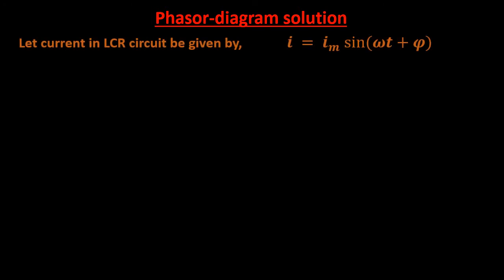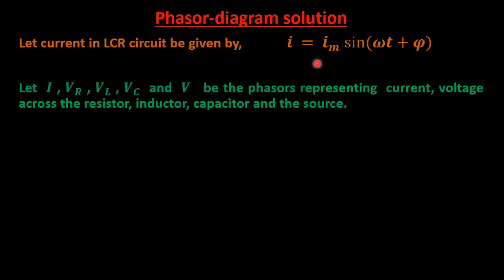Let us consider that the current flowing in the LCR circuit is given by I equals Im sin(omega t plus phi). This phi represents the phase difference between the current and the voltage. In order to draw the phasor diagram for the LCR circuit, we need to define phasors. Let I, VR, VL, VC and V be the phasors representing the current and the voltage across the resistor, inductor, capacitor and the source.